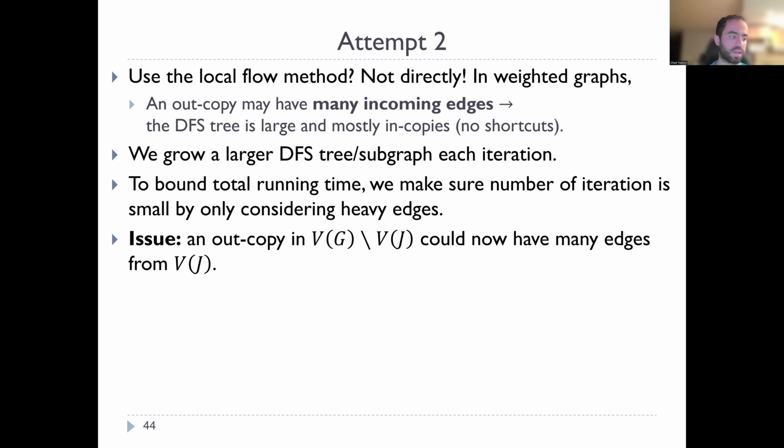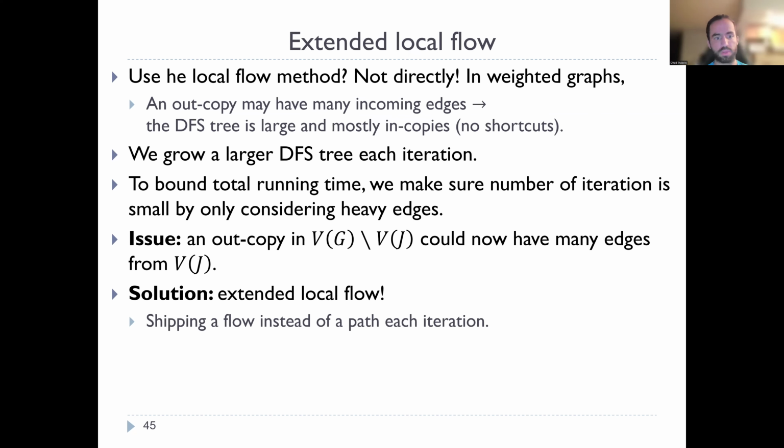However, this leaves us with an issue about the second requirement, that an out copy without VJ could still have many edges from VJ, and we need to be able to handle it. The way that we do it is by extended local flow.